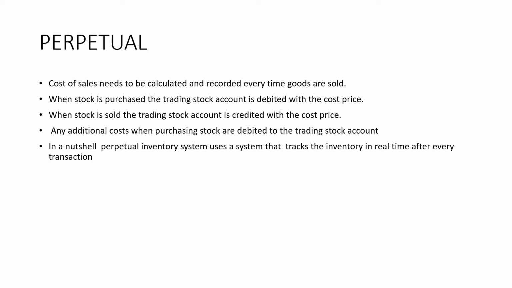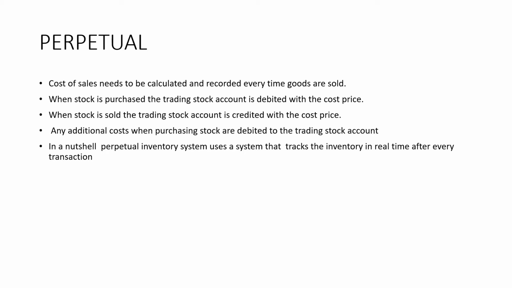It also makes it easier for the business to identify if any theft has happened. They're able to even identify any stock that has expired. So it's really good for those types of businesses that have large quantities of inventory.